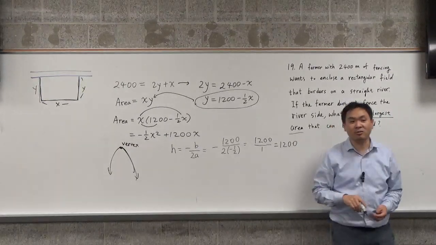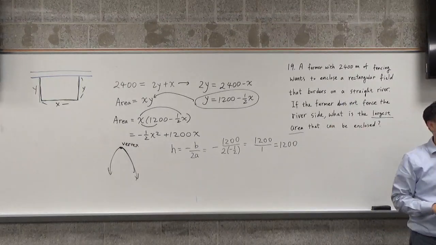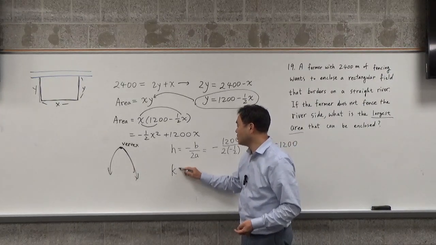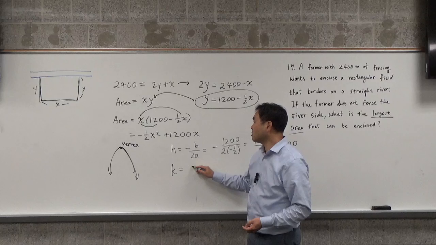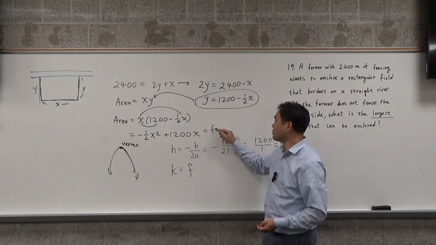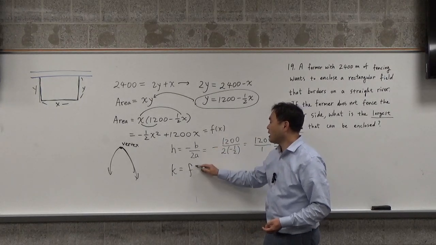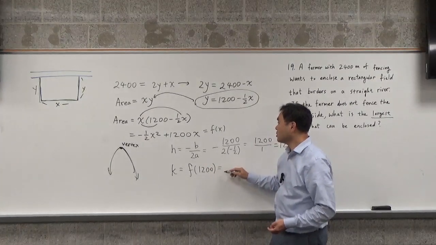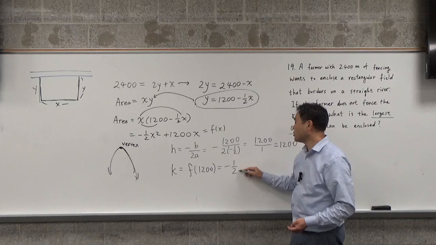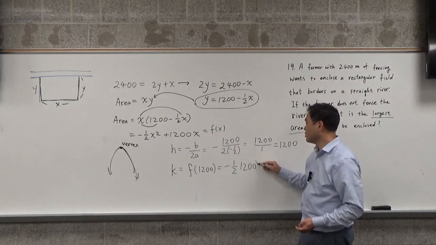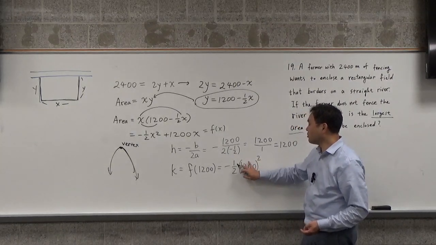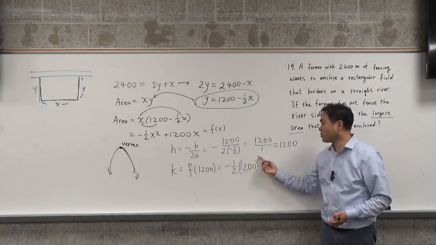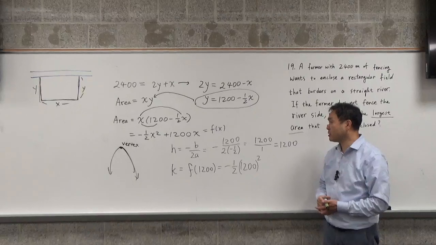Okay, so you got the h. How do you get the k? Yeah? Plug in the h into the function. So k is going to be this function. We'll call this function f of x. f evaluated at 1200, which is negative 1/2 times 1200 squared. And you have to be mindful of the order of operations here. This is squared first, and then you multiply by 1/2, right?